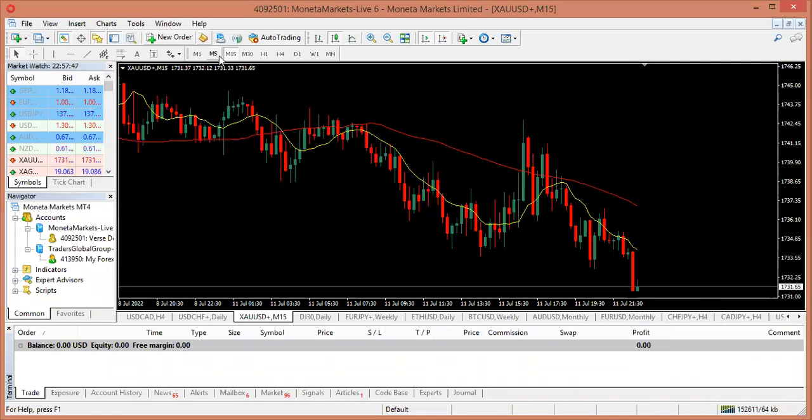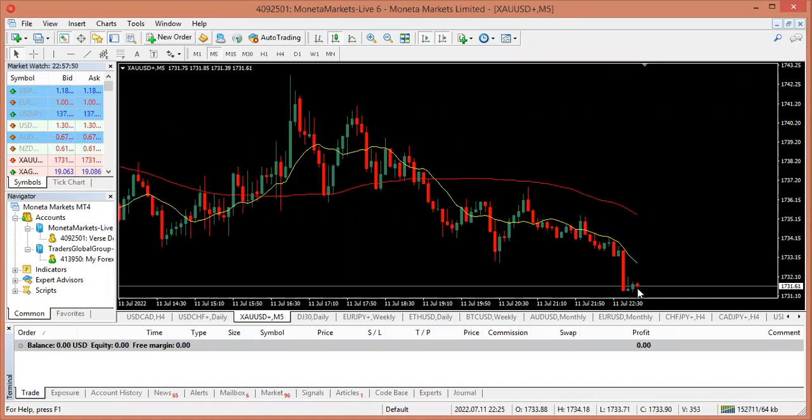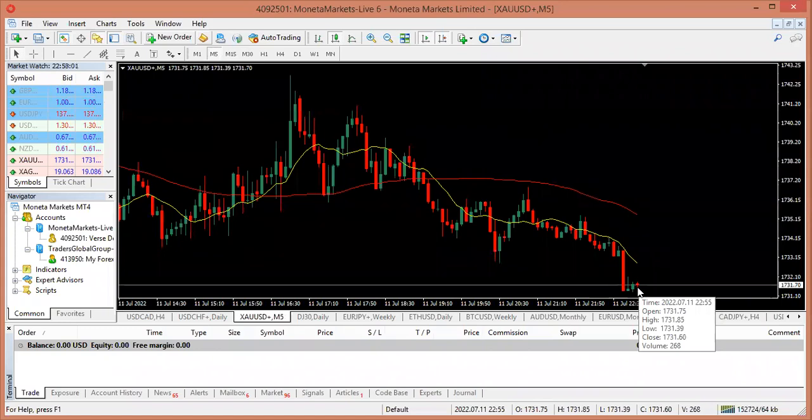If I go to 5 minutes, the current candle closes in the next 2 minutes, because in 2 minutes the time will be 9 o'clock.